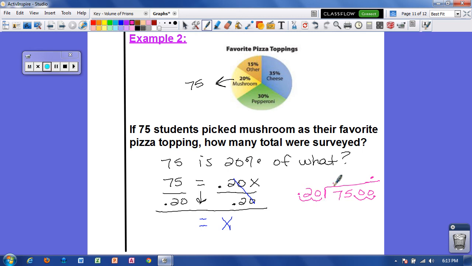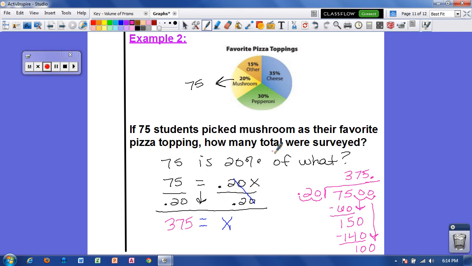So 20 does not go into 7, but it goes into 75 3 times. So I will take away 60, and I'm left with 15. I'll bring down this 0. 20 goes into 150 7 times, which is 140. I subtract, and I'm left with 10. So now I bring down my last 0, and 20 goes into 100 5 even times.